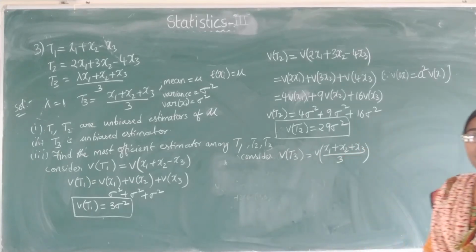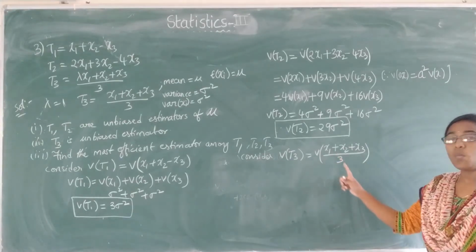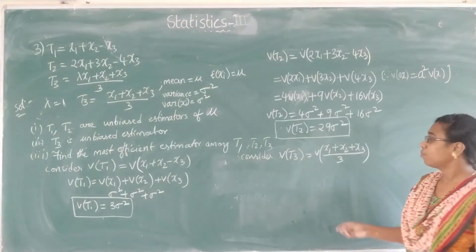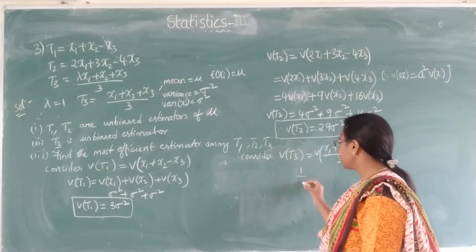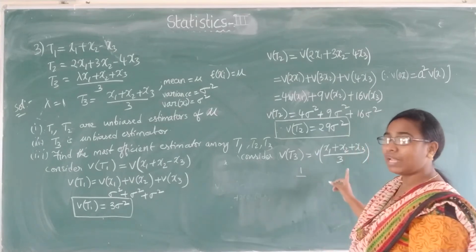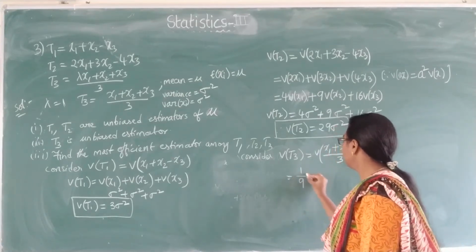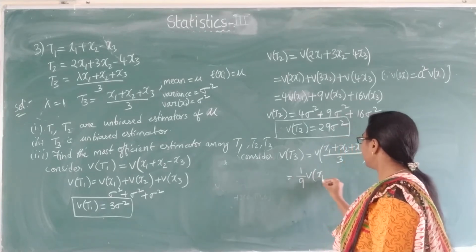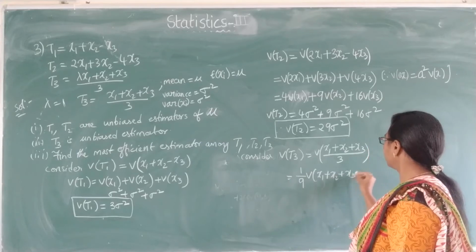So it is in the form of variance of ax. Here what is the a value? 1 by 3. So 1 by 3 is a constant, and variance of a constant is its square. So 1 by 3 square is 1 by 9, times variance of x1 plus x2 plus x3.